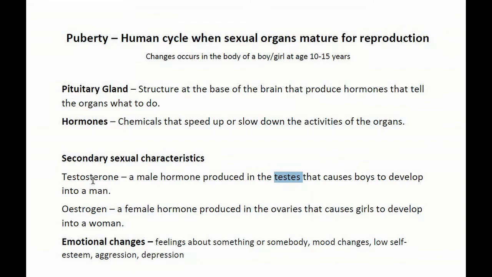This is where the hormone testosterone is created. In females, we have a hormone called estrogen. Estrogen is created in things called the ovaries. This is what we call a girl developing into a woman. So estrogen is responsible for those changes. The changes are created by the hormone estrogen.